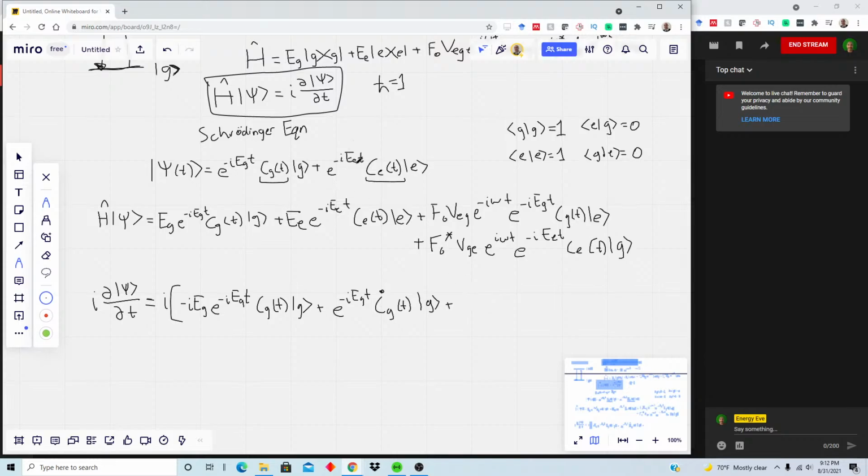And so we'll take the time derivative of this first, getting minus I e out, e to the minus I e t c e t, and this has this term, and then plus, and so then we take the time derivative with respect to this, so then we still get this term, and again we take the time derivative and we denote it by putting a dot above.